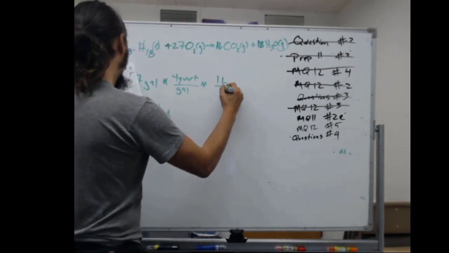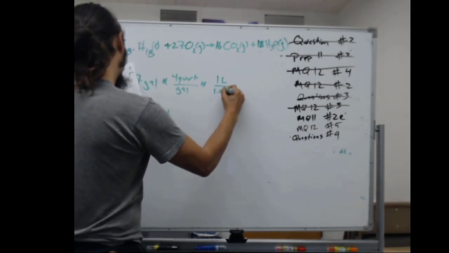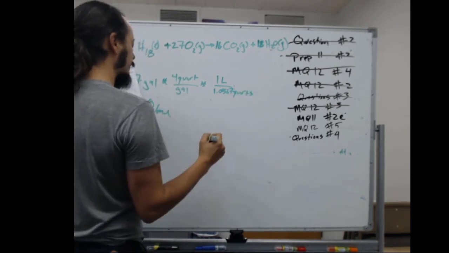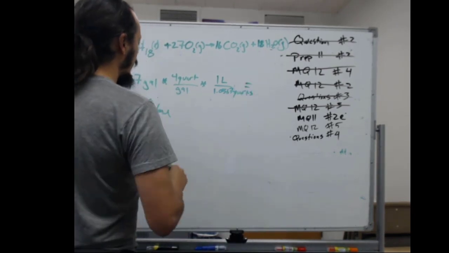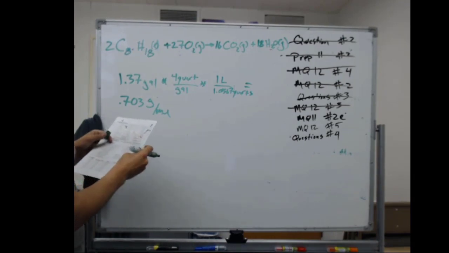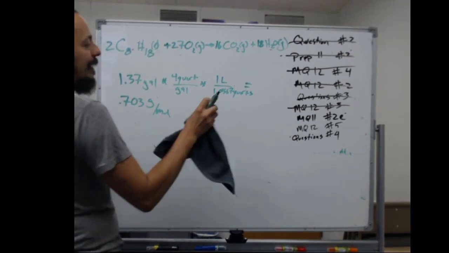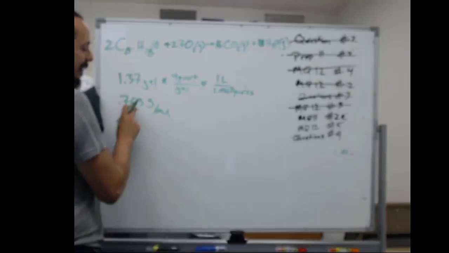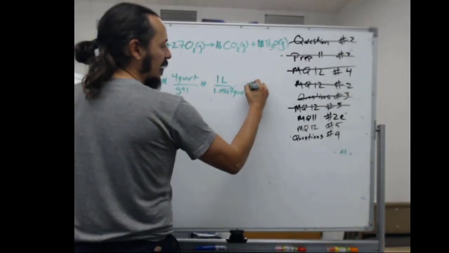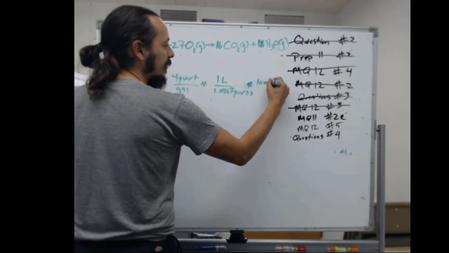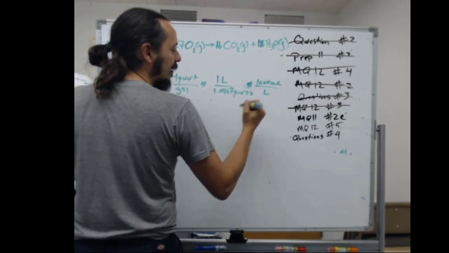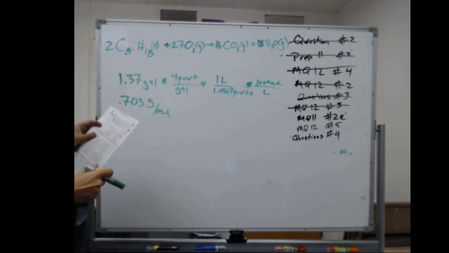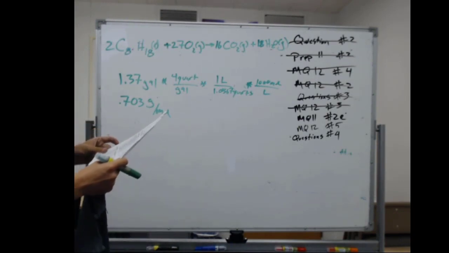One liter is 1.0567 quarts. That will get me to my liters. And actually, I'm going to throw in an extra step. Because since my density is in grams per milliliter, I'm going to go ahead and do 1,000 milliliters per liter.